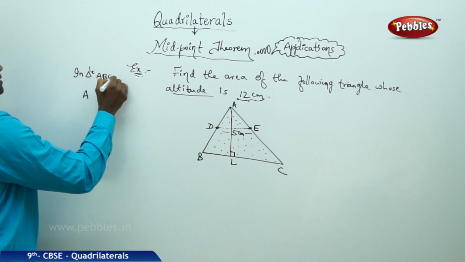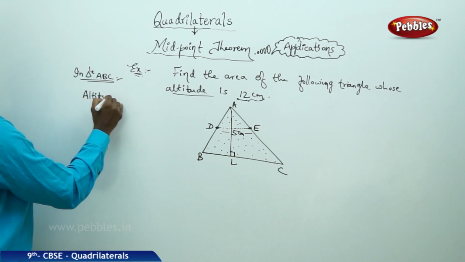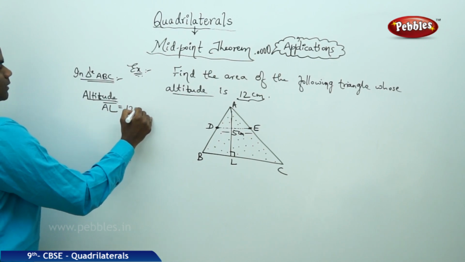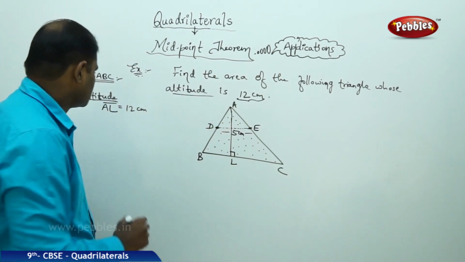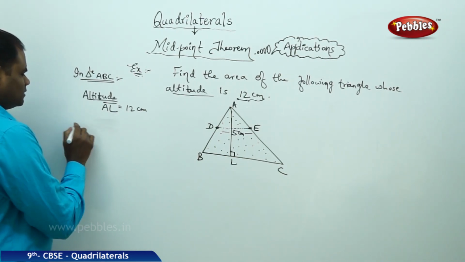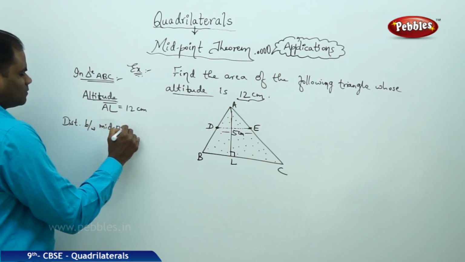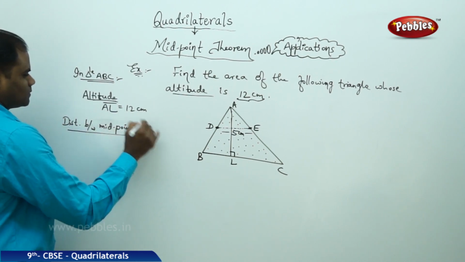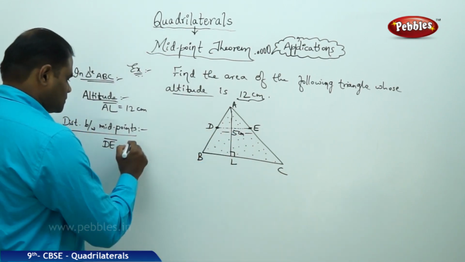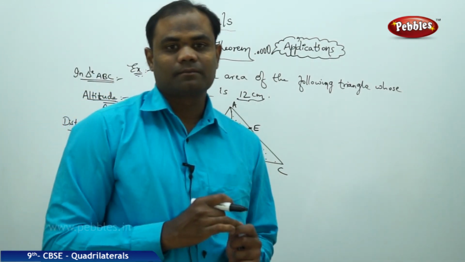In triangle ABC, the altitude AL is given to be 12 centimeters, and DE, the distance between midpoints, is given to be 5 centimeters. And the question is about finding the area of this triangle.